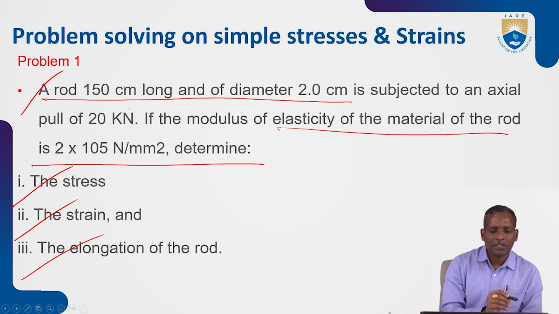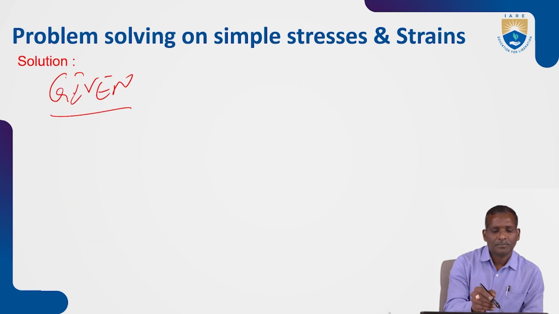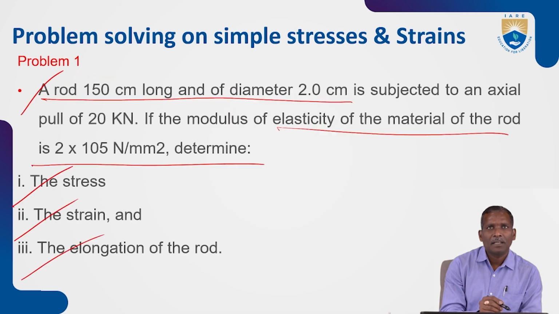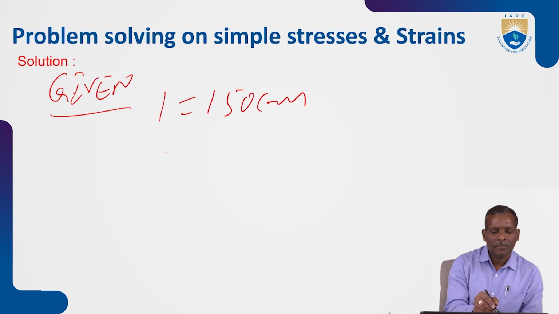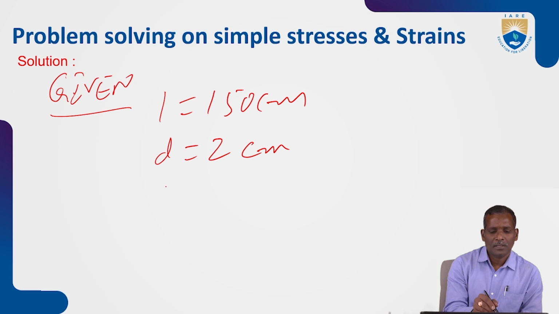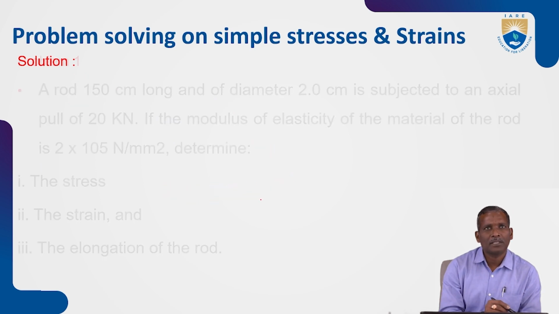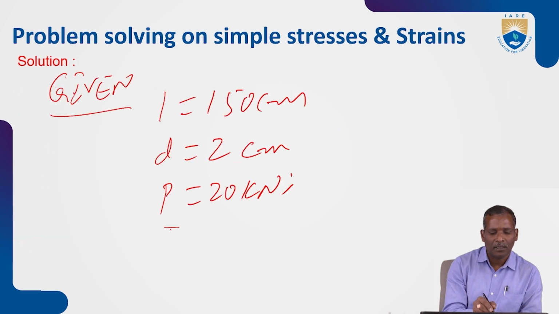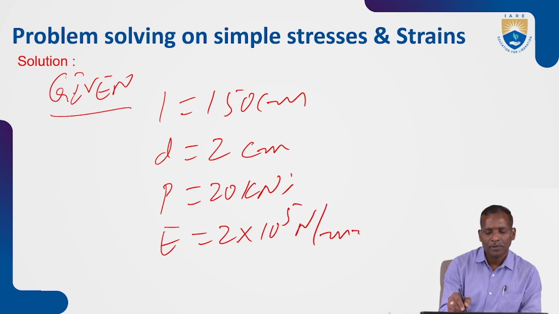What is given: the rod is 150 centimeters long, so length is equal to 150 centimeter, and the diameter is 2 centimeter. It is subjected to an axial pull, the load is 20 kilonewtons. The modulus of elasticity of the material of the rod is given, E is 2 into 10 to the power of 5 Newton per mm square.